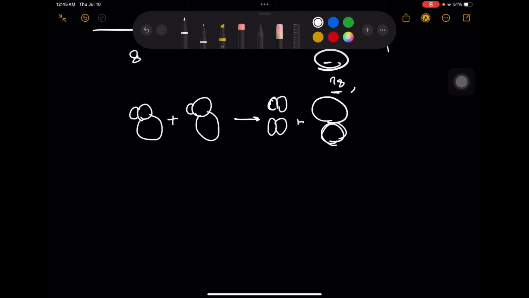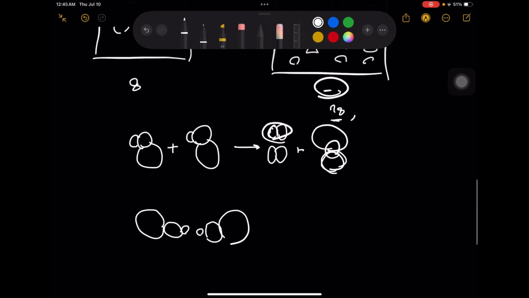If I want to show how the orientation affects it: if one faces like this and the other faces like this, no collision. It's an ineffective collision, because what we are trying to do is get 2 of these big parts and separate them.